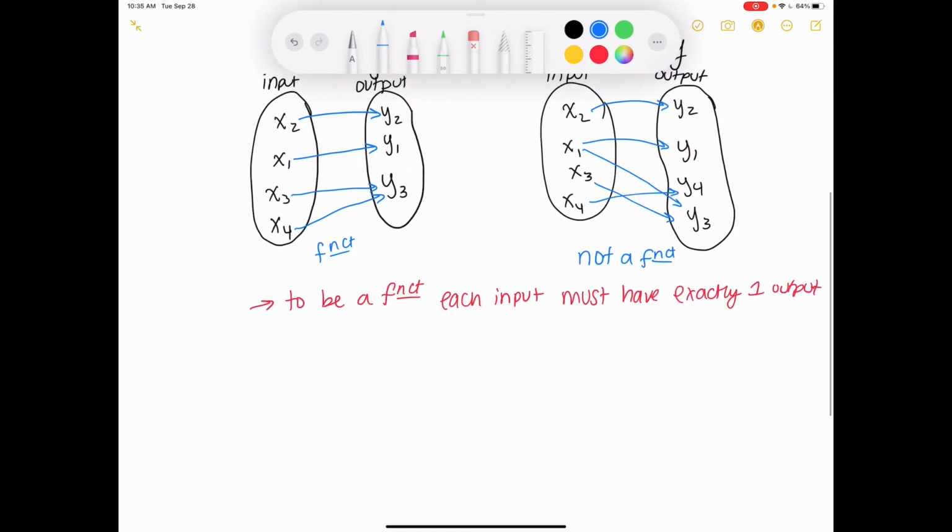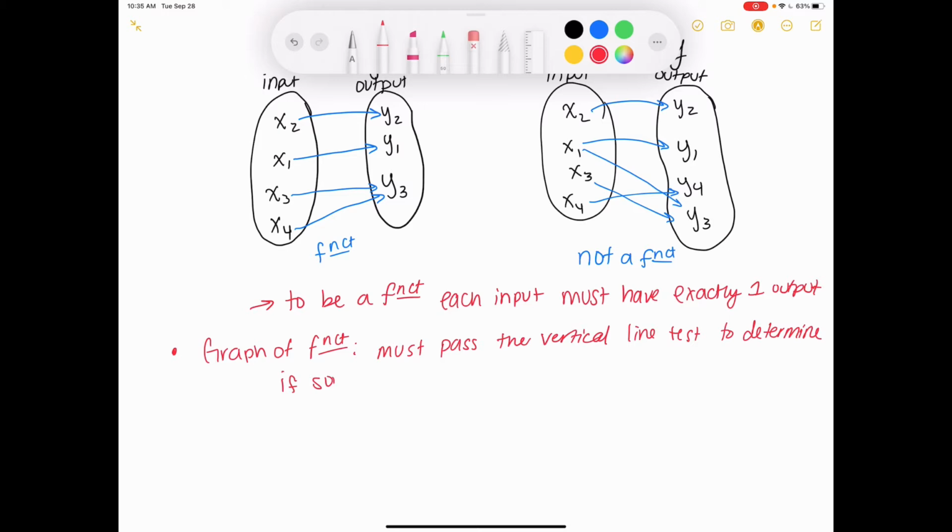I'll leave that there for a second. All right. The graph of a function must pass the vertical line test to determine if something is a function.